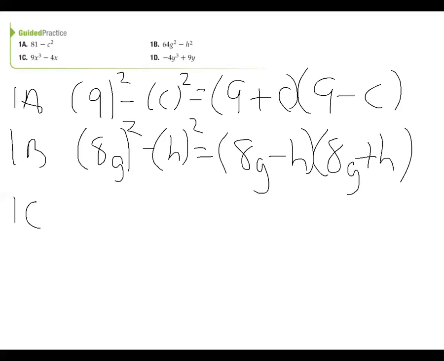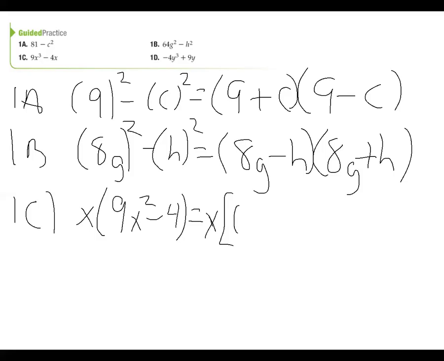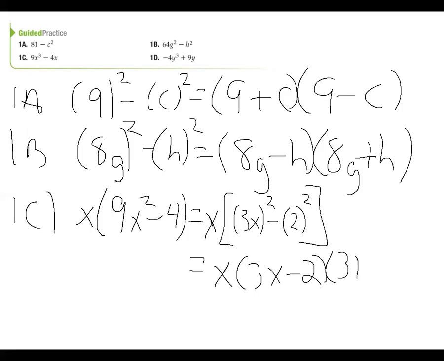Right, 1c, you could factor out an x and write it as 9x squared minus 4. And that's going to be x bracket 3x quantity squared minus 2 quantity squared. And that's going to be x times 3x minus 2 times 3x plus 2.